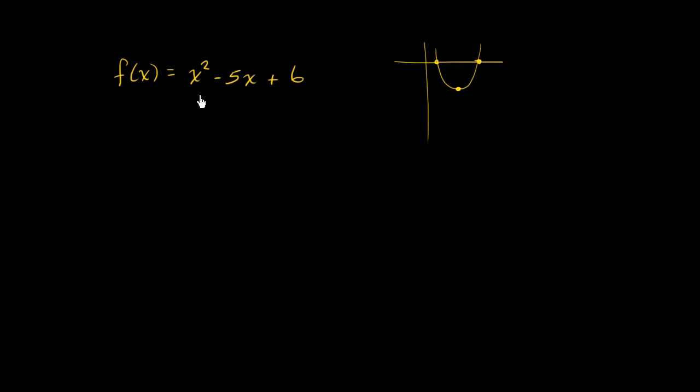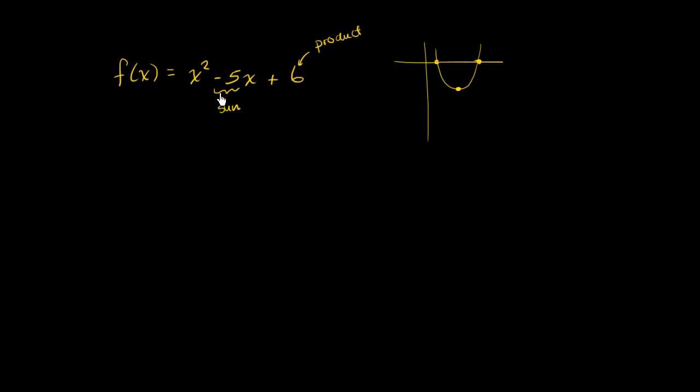So in order to find the roots, the easiest thing I can think of doing is trying to factor this quadratic expression which is being used to define this function. Let's think of two numbers whose product is positive 6 and whose sum is negative 5. Since their product is positive, they have the same sign.